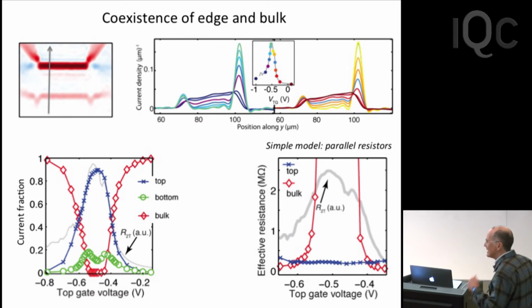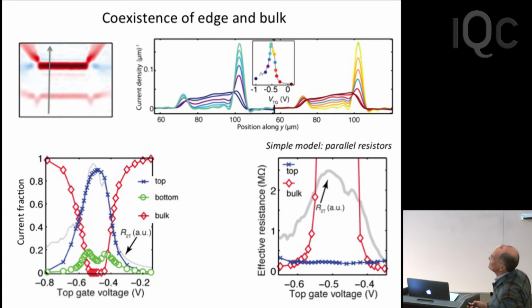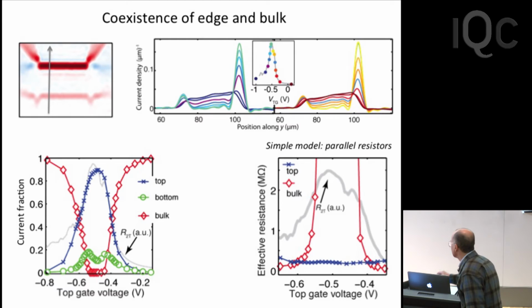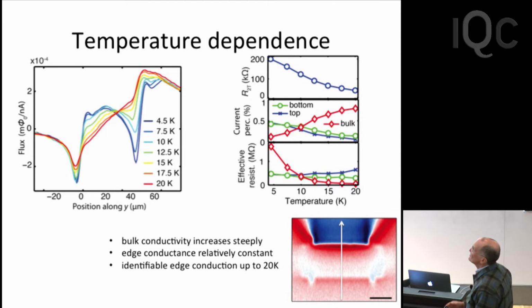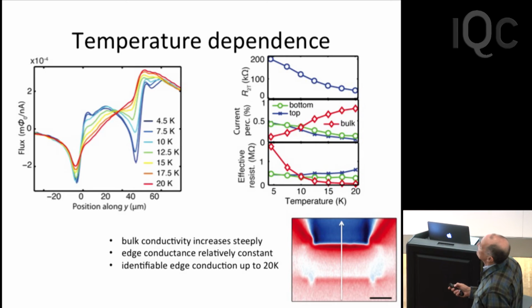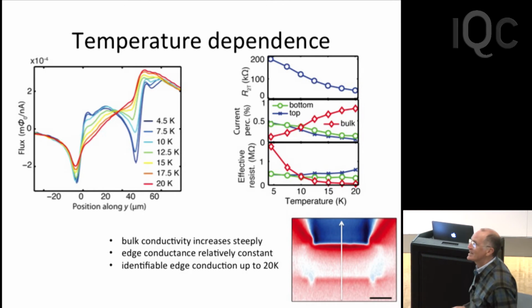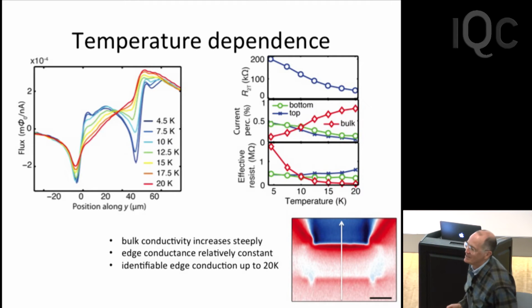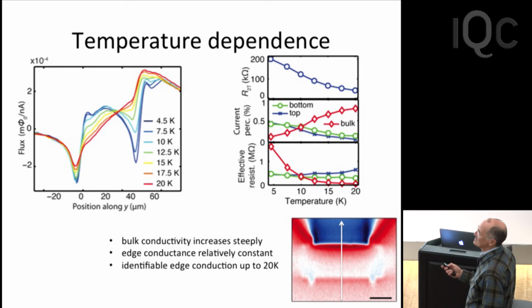So I actually found this a little bit surprising, that the edge conductance really doesn't care about what's going on with the bulk conductance. This is also true if you look at the temperature dependence. So this is going from 4.5 kelvin to 20 kelvin. Actually, this temperature dependence was done in a different microscope because it's hard to get a dilution refrigerator up to 20 kelvin.